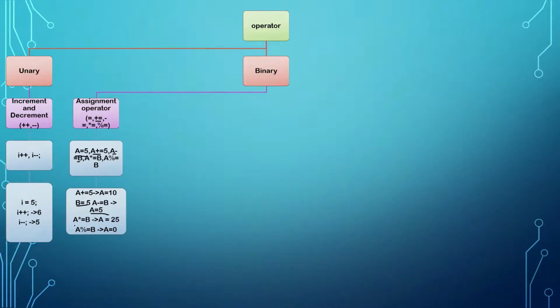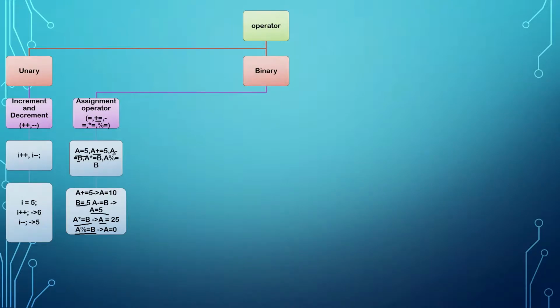A multiplication b, that is, a is multiplied with the variable b and the result is stored in a. Here, remainder: a is 25, b is 5. When you get the remainder, the remainder is nothing, since everything is divisible by 5. So it is 0. So this is the assignment operator.